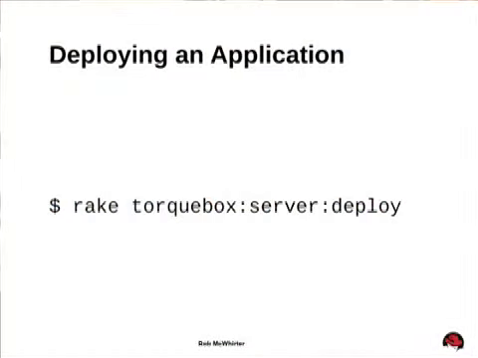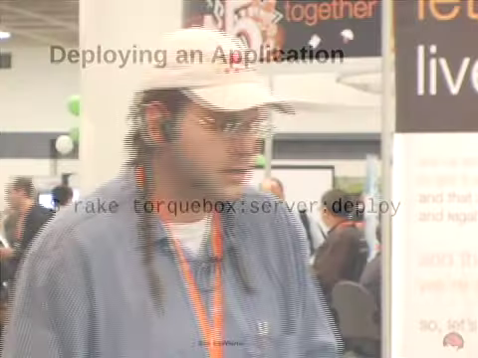Rake is kind of Ruby's equivalent of make or ant. It's just a little thing that can run a task for you from the command line. We ship a task called torquebox server deploy. You run it from within your app directory, and it will go off to JBoss and scribble that 5-line file for you, and it's done. The app server doesn't have to be running, it's just writing a file, and that's all it does.